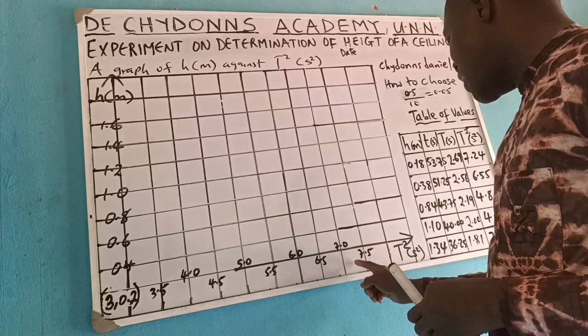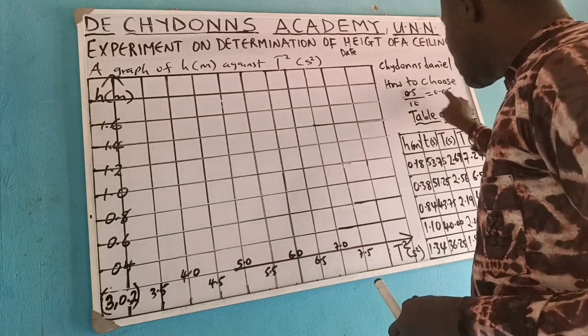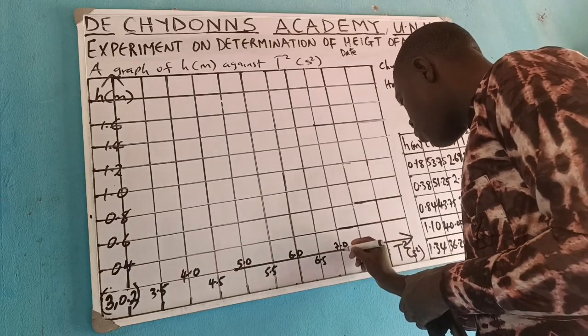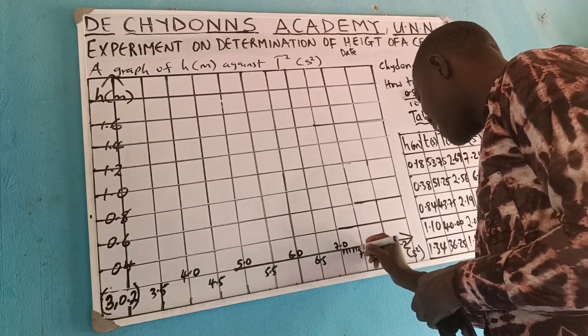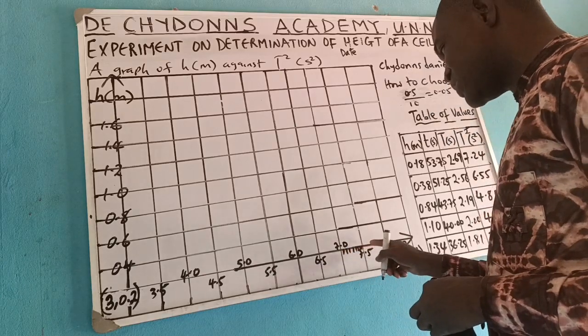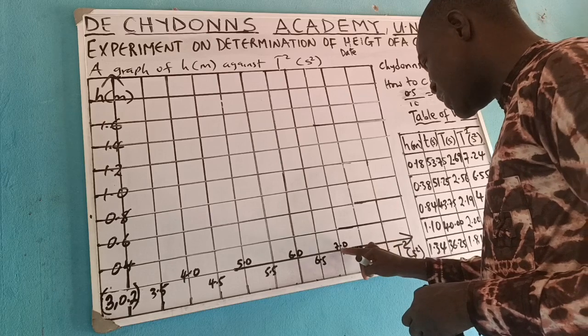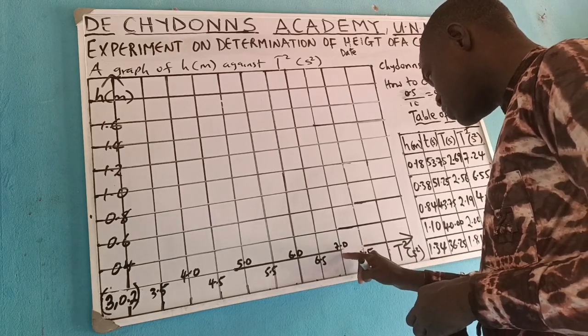In between here is 7.25. So when you have 1, 2, 3, 4, 5, 6, 7, 8, 9, 10, we have 10 boxes here. That is what I'm trying to sketch.